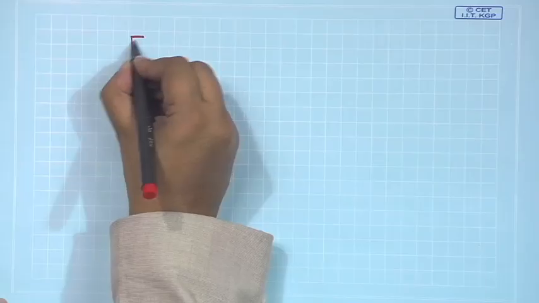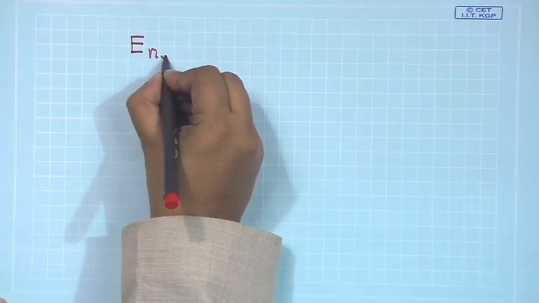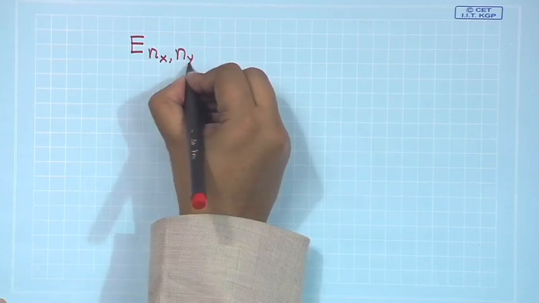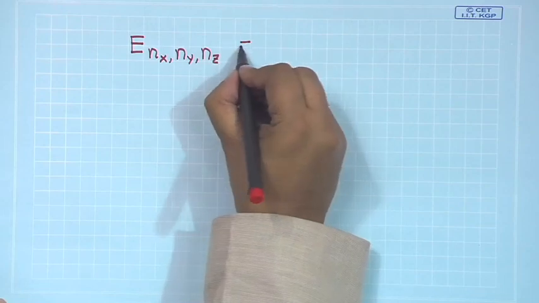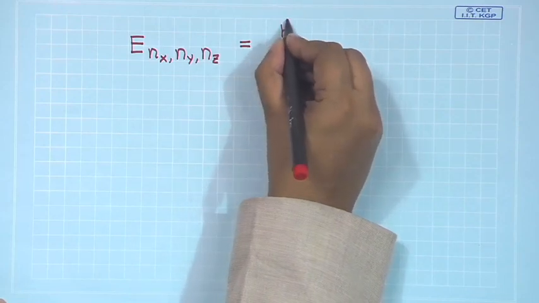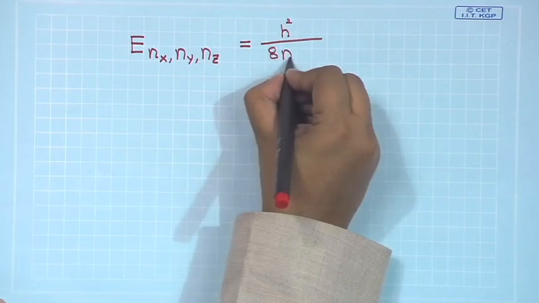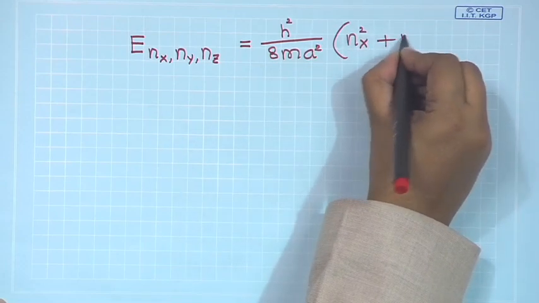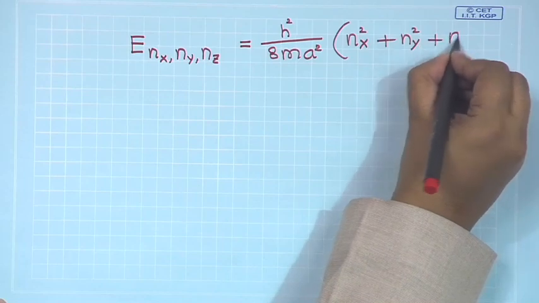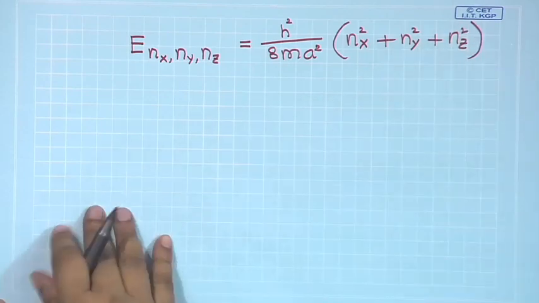Okay. So, in that case we would use the same type of argument, because I would say that now each energy level is identified in terms of three quantum numbers nx, ny, nz, and these values are h square by 8m a square into nx square plus ny square plus nz square, right.